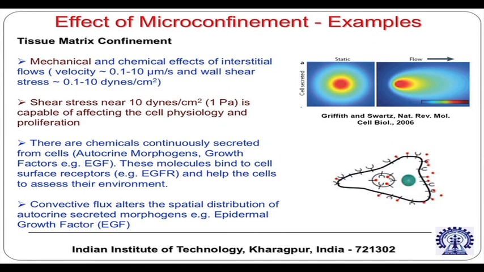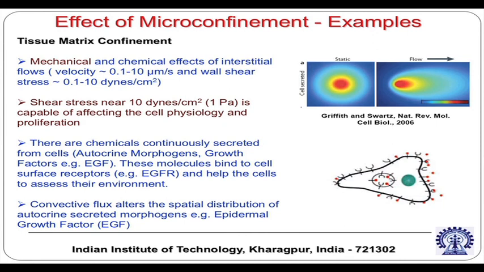These molecules bind to cell surface receptors. If you look into this cartoon, these are the receptors and the red dots are the molecules called ligands, which will bind to the receptors, and this can help the cell to assess the microenvironment.